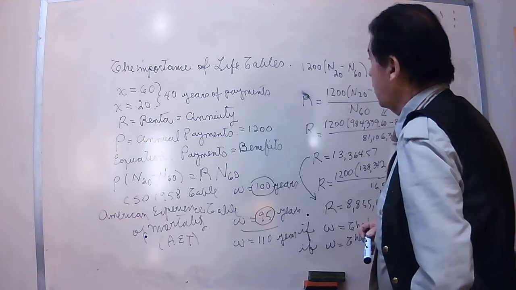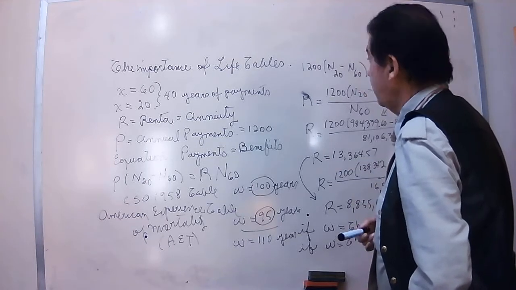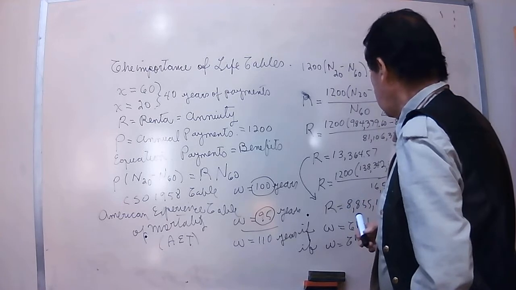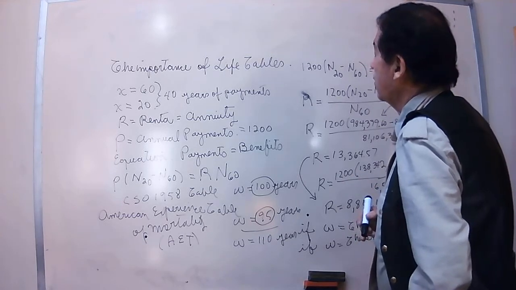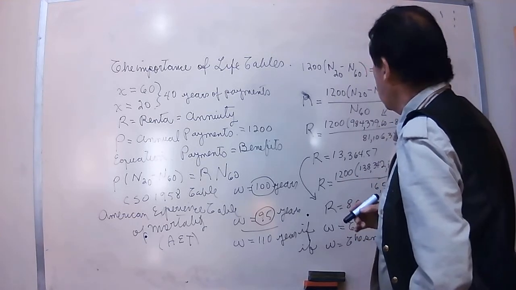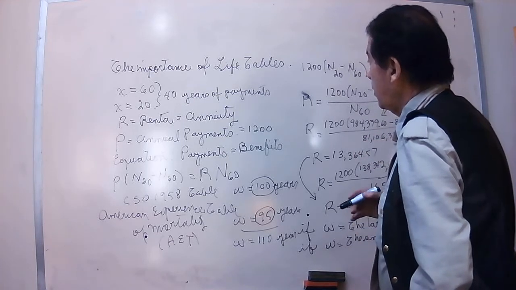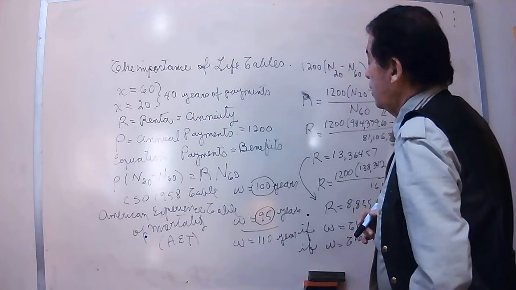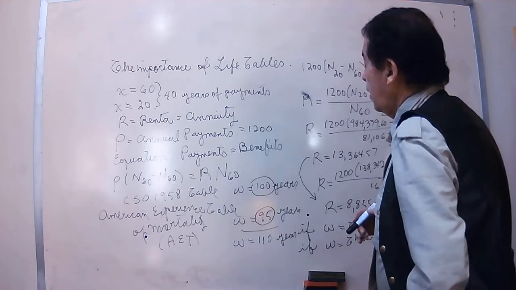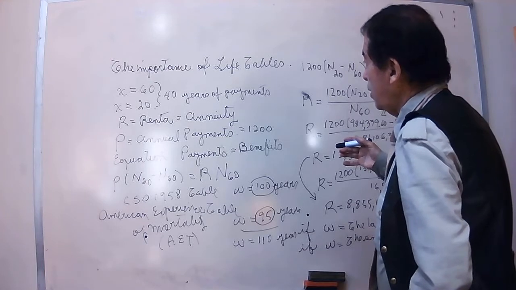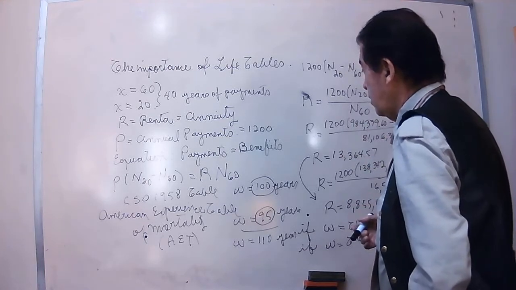Another thing that we're going to see in the next video is why in Latin America people are losing a lot of money in annuities, because actuarial formulas were converted into financial tables.